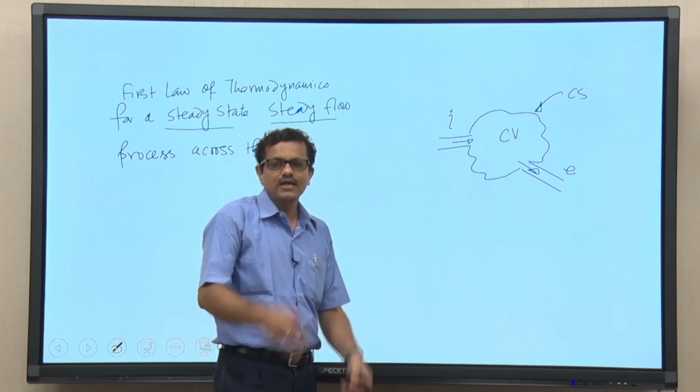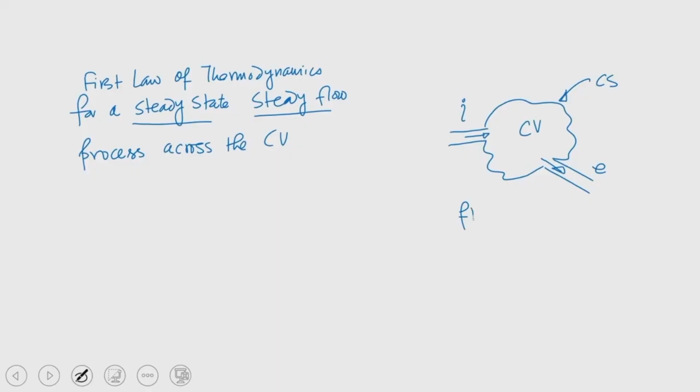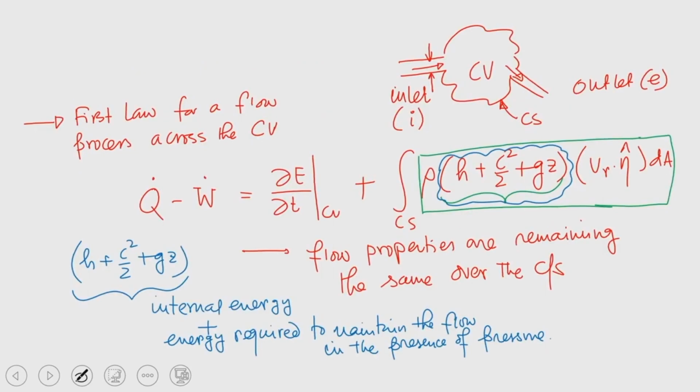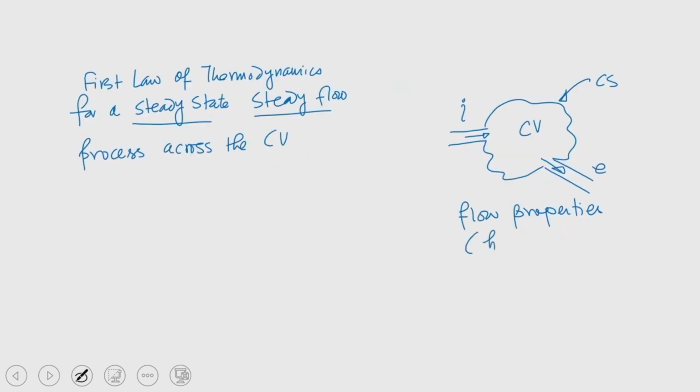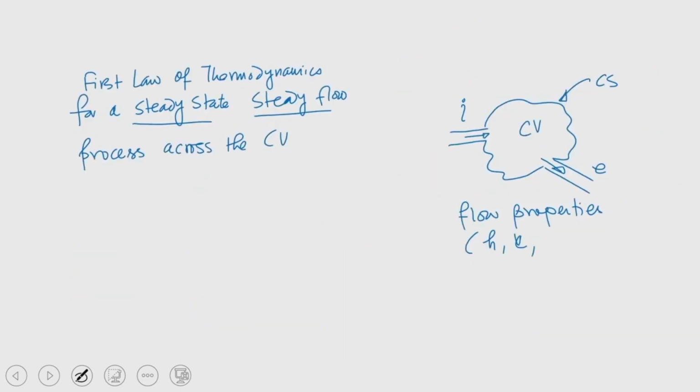So, even if we have multiple inlets and exits, the flow properties, which are, if we go back to the slide, enthalpy, velocity, and height of the cross section, so basically h, c, g and z.